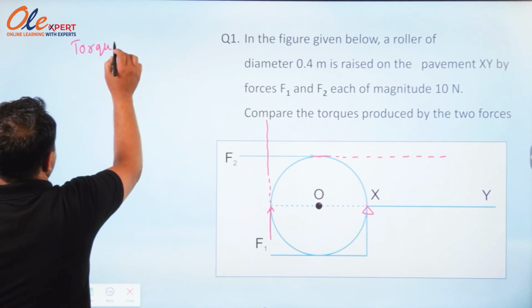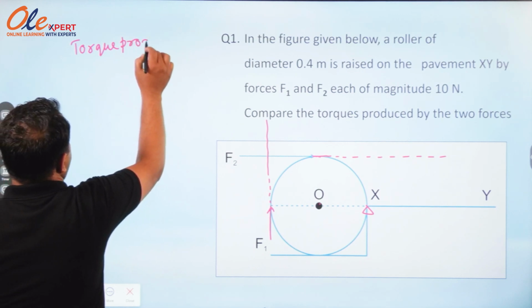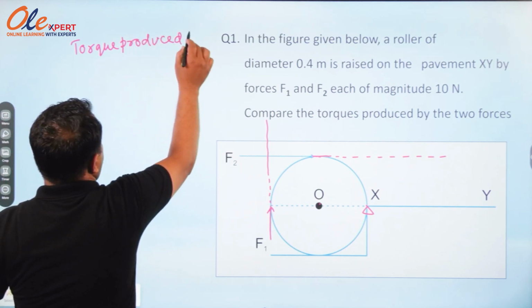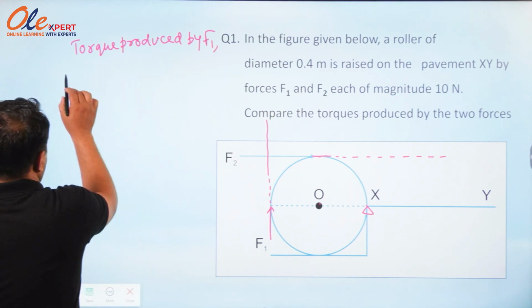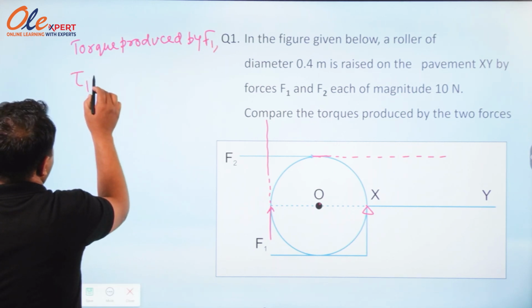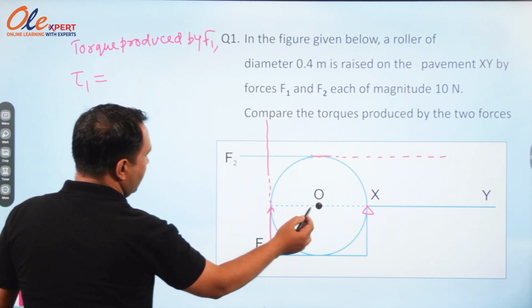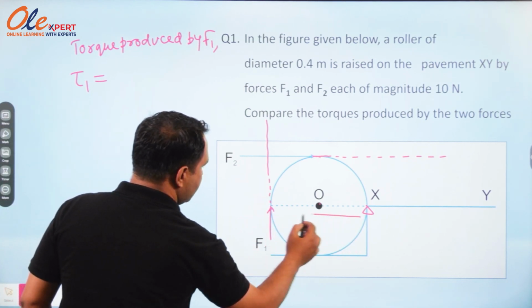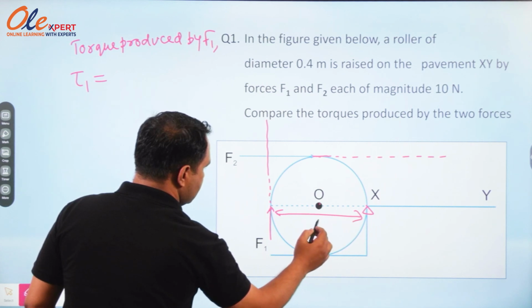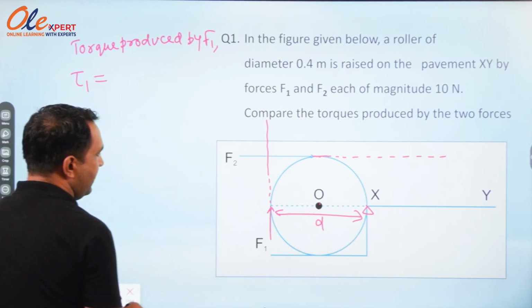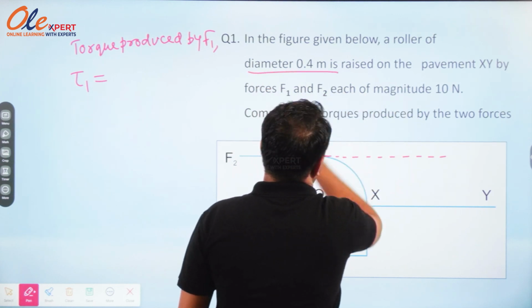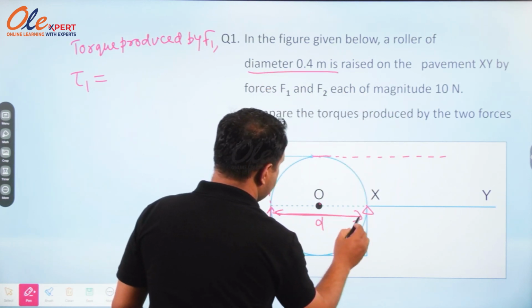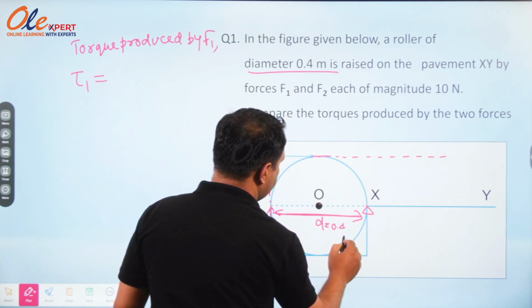Torque produced by F1. Suppose that this is tau 1. Tau 1 is equal to F1 into this much of distance, the perpendicular distance, D. And how much is this? The diameter is given here, 0.4 meter. So this distance is 0.4 meter.